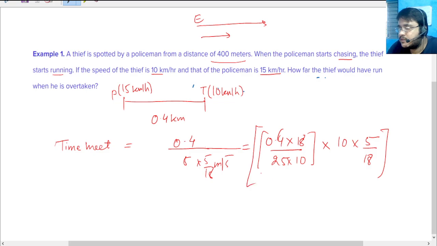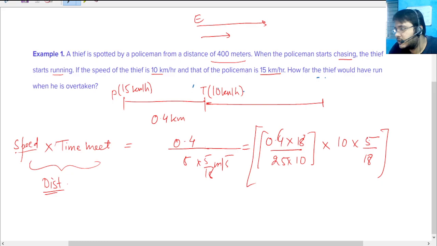So when time gets multiplied by the speed, I know what I am getting. I'm getting the distance. Okay, so this is the distance that the thief will cover after he started running.